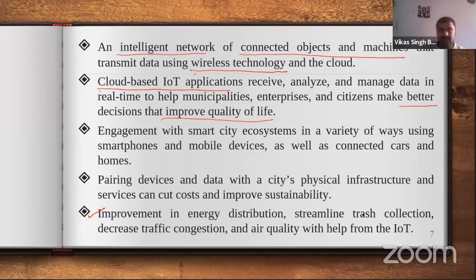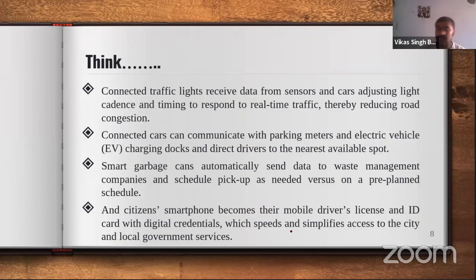Then they will visit and collect that trash. Then decreasing the traffic congestion may be one of the uses, and increasing the air quality. Ultimately all these applications will be achieved through the use of ICT devices, or we can say the use of IoT.